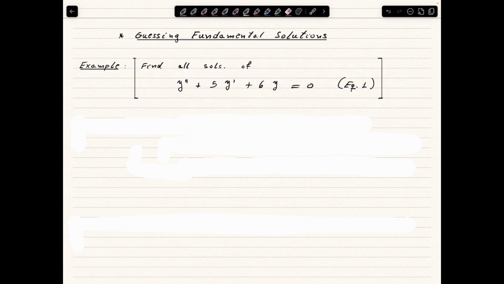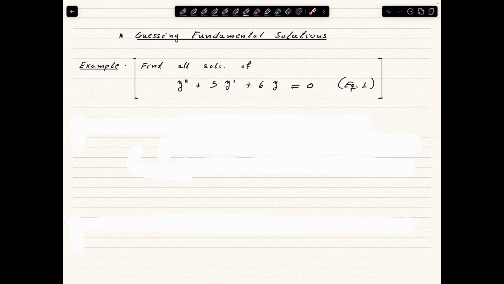Suppose we have this differential equation, and you see constant coefficients, 5 and 6. The problem is to find all solutions. So what we need to do, according to the previous theorem, is to find two solutions, y1 of t and y2 of t, not proportional to each other.